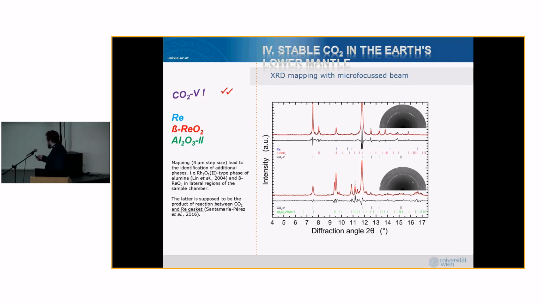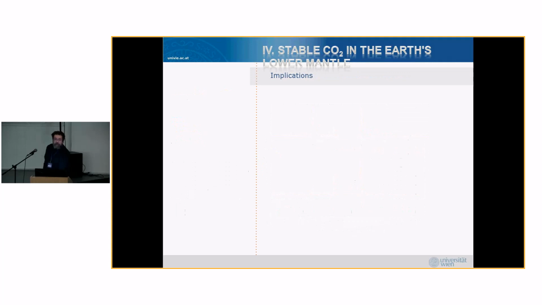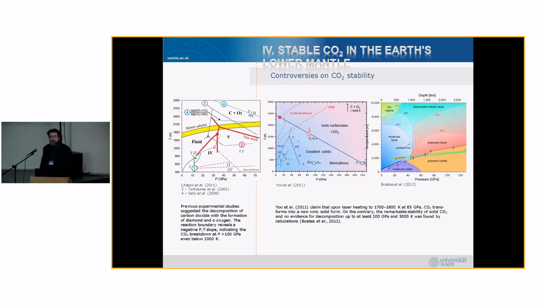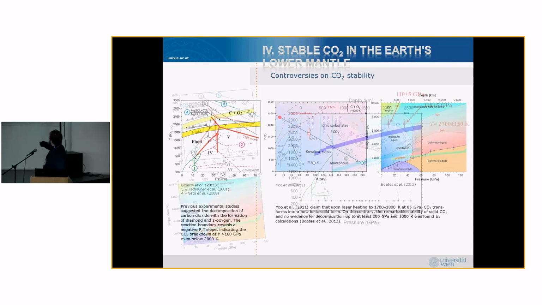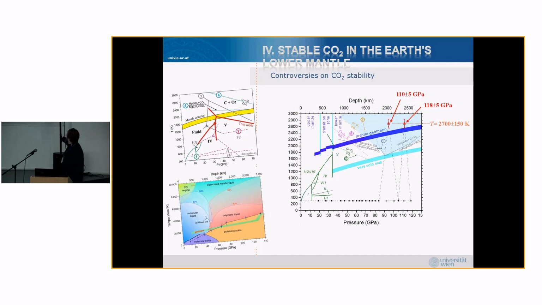So with these findings, of course, we have the problem with the implications, because we now hit a lot of people in their theories about the formation of diamonds, because everything that has been published before, now you see in our diagram with all these breakdown reactions, it's not breaking down.